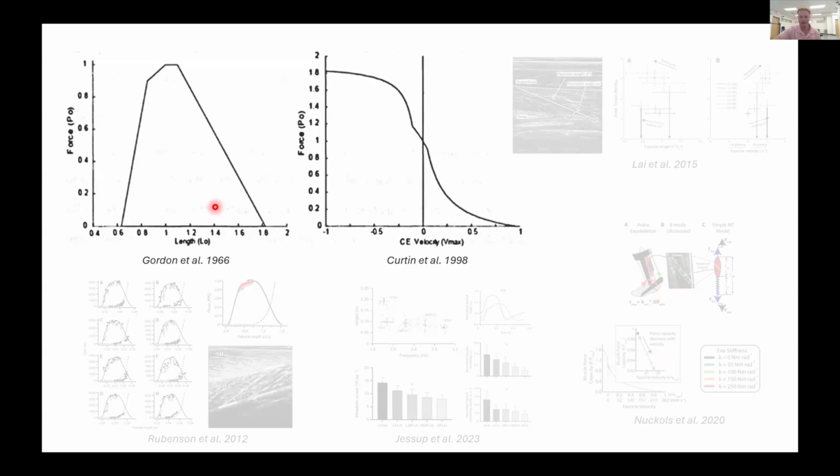We know that under really controlled static conditions, the force length curve of a muscle has this ascending limb, a plateau, and a descending limb, with maximum active force being produced at this plateau. On the other hand, we have this sigmoidal relationship between force and muscle velocity, with positive values corresponding to muscle shortening and negative values corresponding to muscle lengthening.